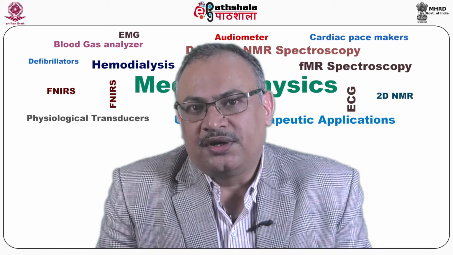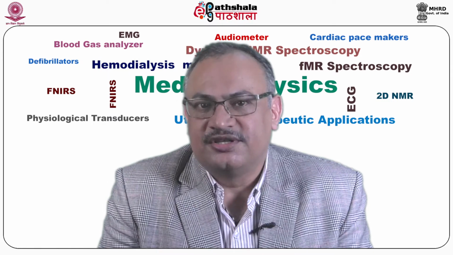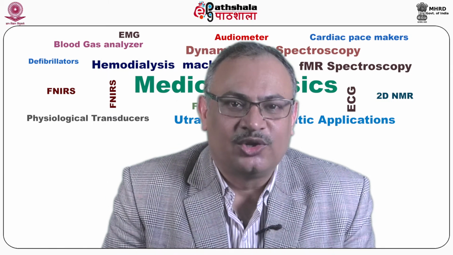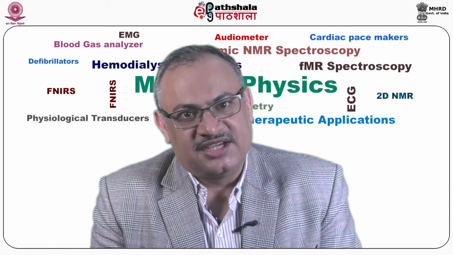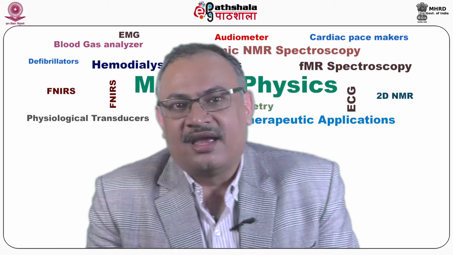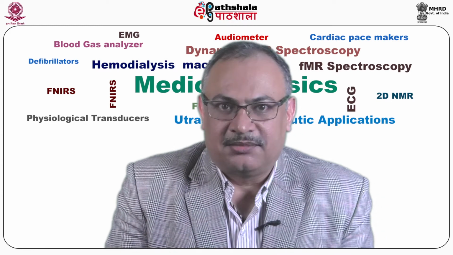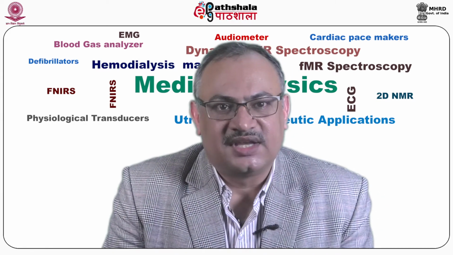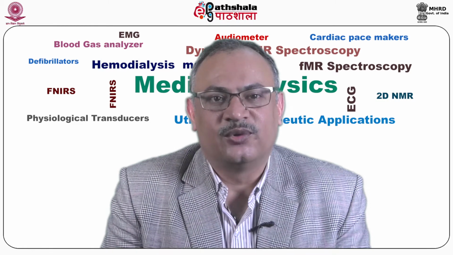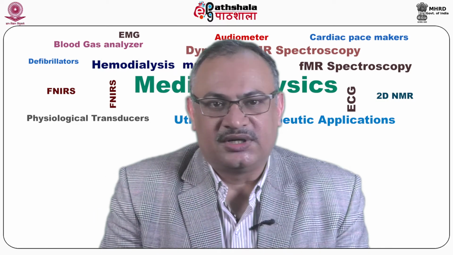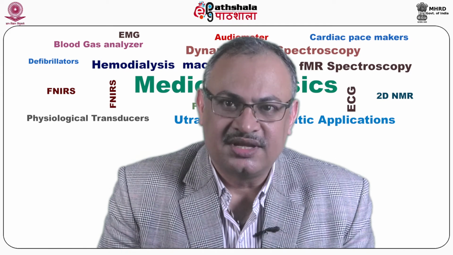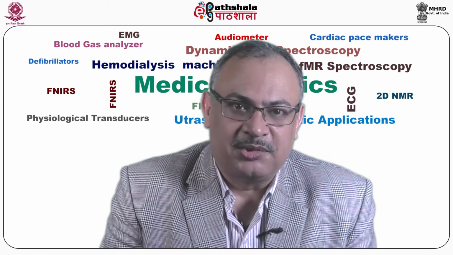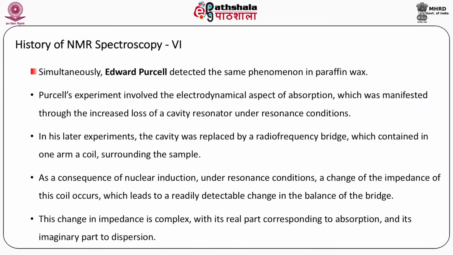This led to an alternating magnetic field which could generate electromotive force in a suitably wound coil. By rectification and amplification, this EMF could be recorded on a voltmeter with the signal in the range of millivolts. Bloch contributed the famous Bloch equation and the theory of relaxation to NMR spectroscopy, about which we will learn further.